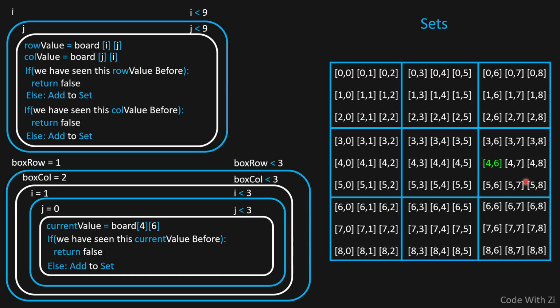No matter how much we change our j and i, we're gonna stay inside of this subbox. And when we're done, our box col and box row are gonna get incremented, and then we're gonna move on to the next subbox. If we come across any repetitions through our code here, we're gonna return false, and if not, that means our Sudoku board is valid, and at the end we're gonna return true.